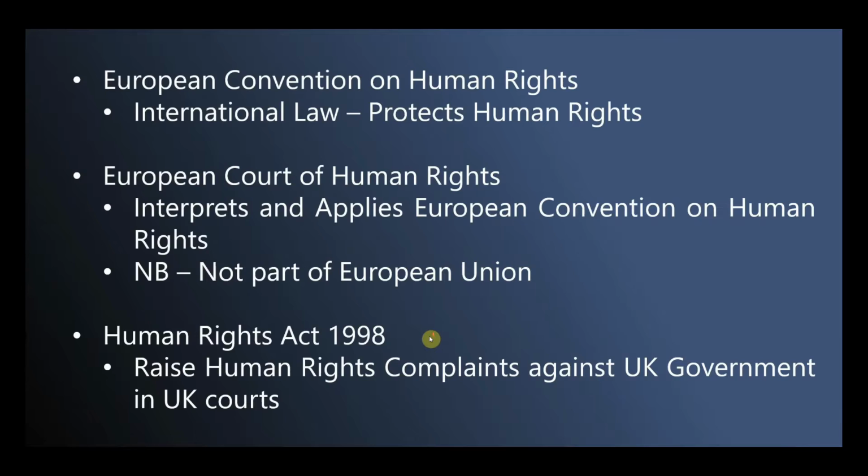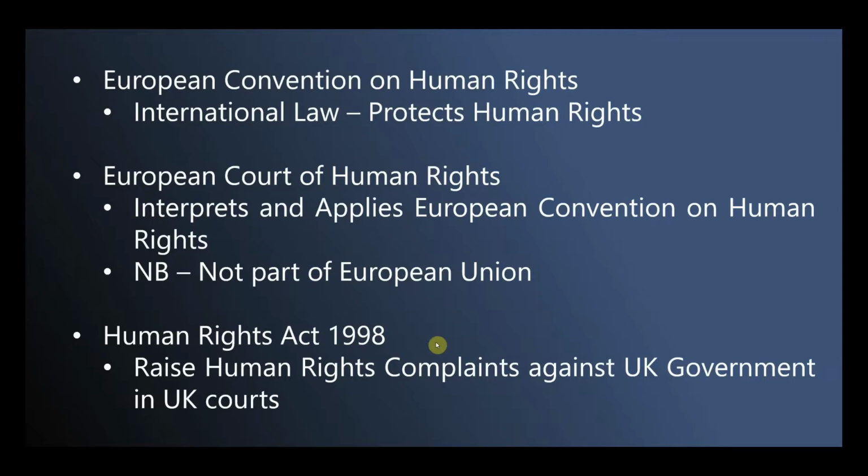So today we are going to be looking at the Human Rights Act of 1998. Now, the European Convention on Human Rights is an international law that the UK has signed up to, and it sets out a number of human rights protections such as the right to life, prohibition on torture, and the right to liberty and security.